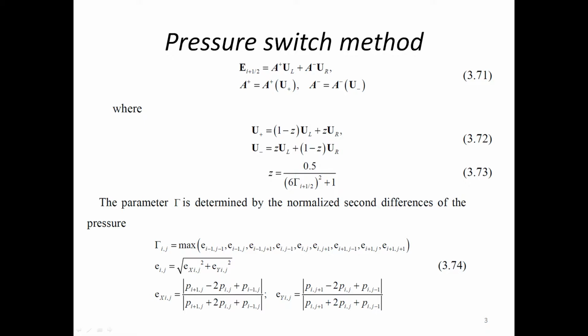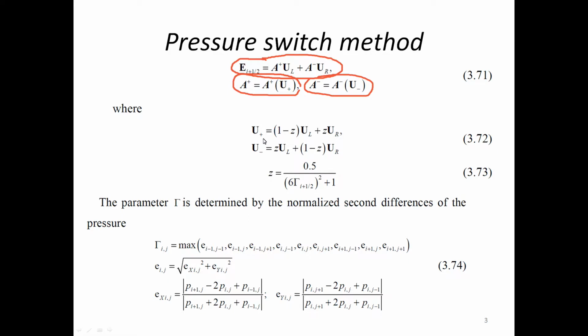The inviscid flux is calculated by the following formula. The matrices A plus and A minus are calculated using the following formulas for U plus and U minus.